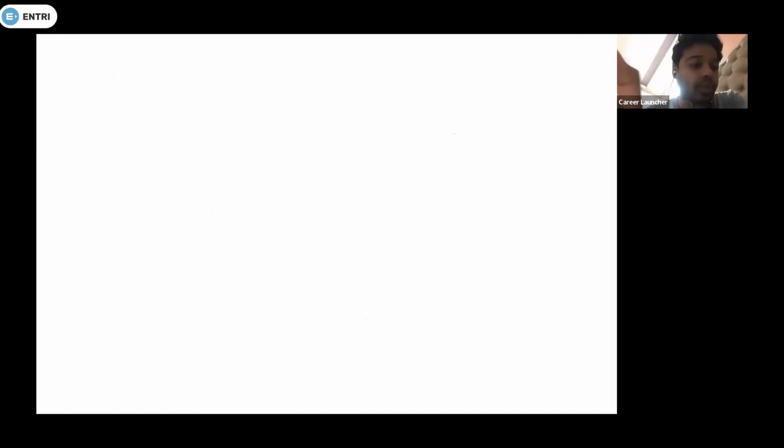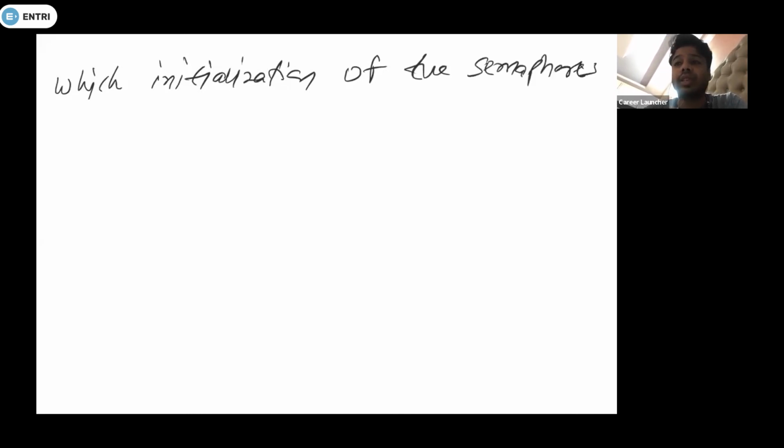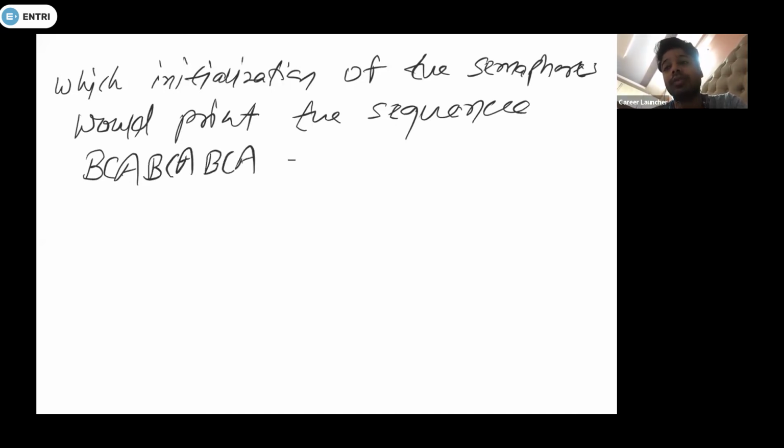Which initialization of the semaphores would print the sequence BCA BCA BCA BCA, repeating?